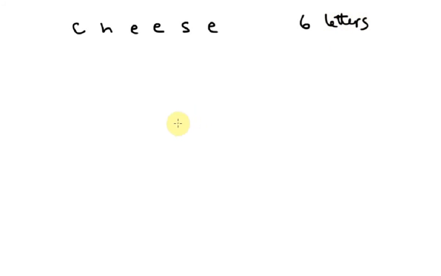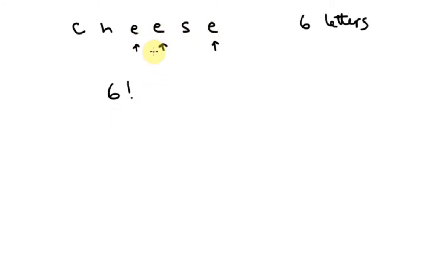Now, if all 6 letters were different, then we would have 6 factorial as our answer. That's how many permutations there would be. But now we have to look at the duplication. There's an E here, and another E, and another E over here. So we can't tell the 3 E's apart.